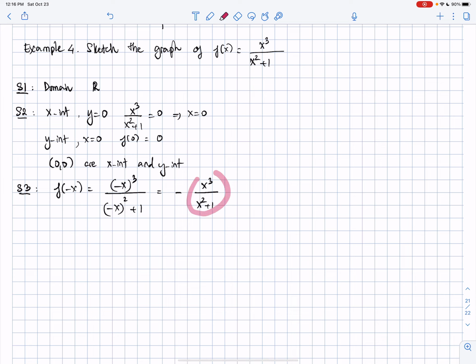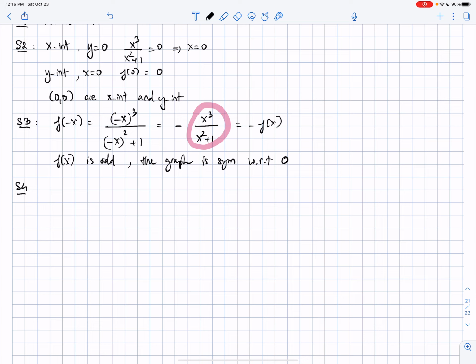What we see here is f of x, so this is negative f of x. So by the definition of odd, we conclude that f of x is an odd function. And because it's an odd function, the graph will be symmetric with respect to the origin.